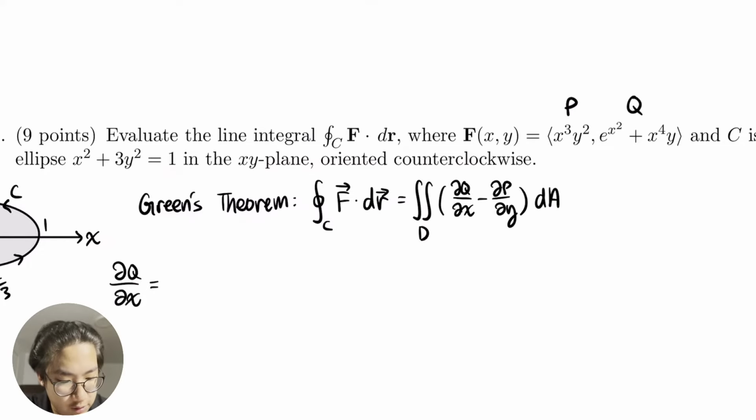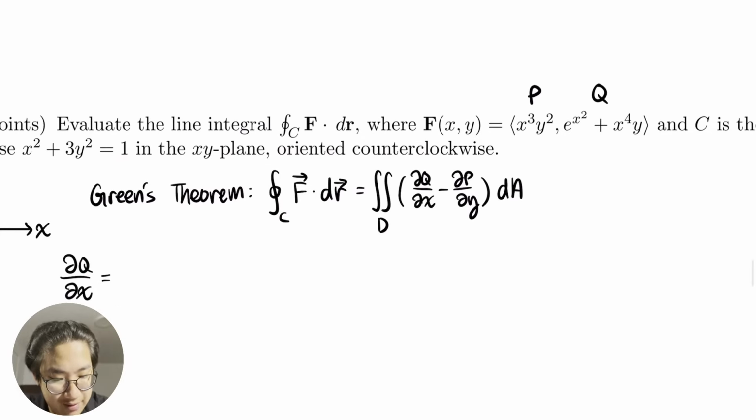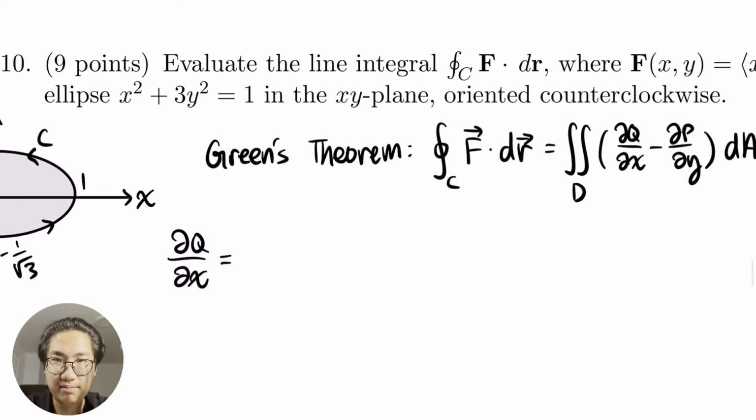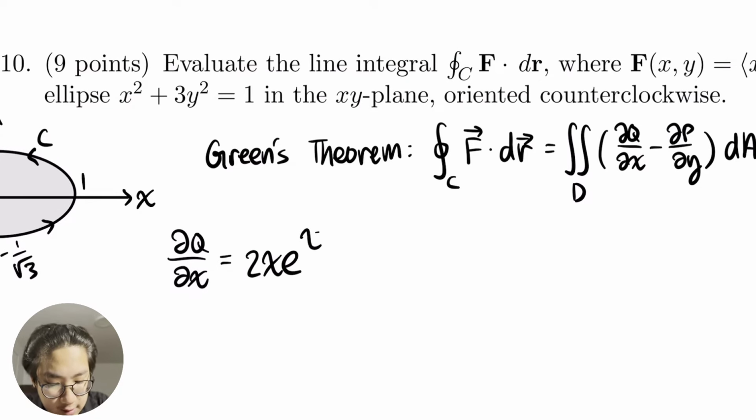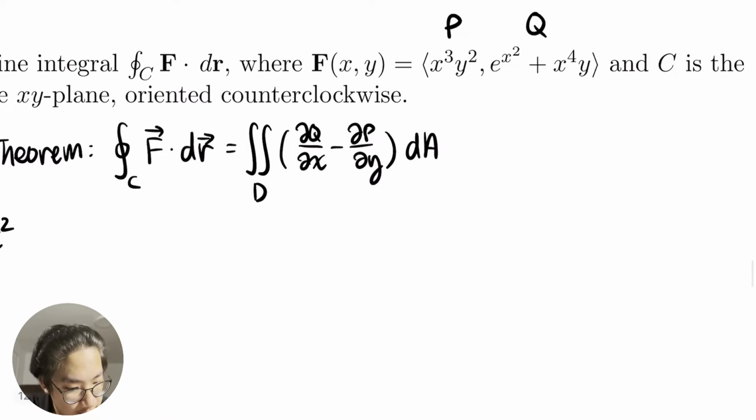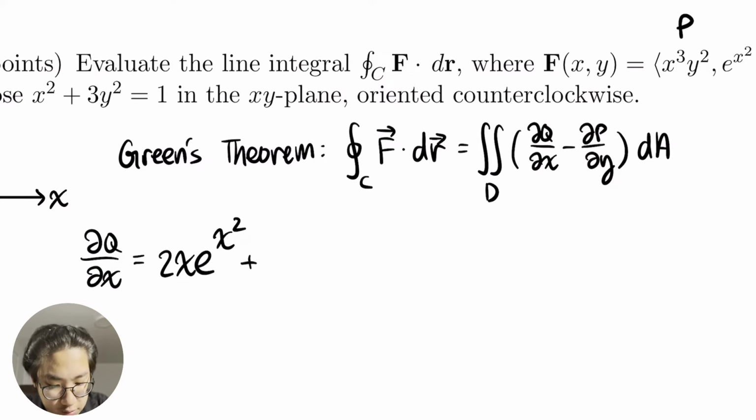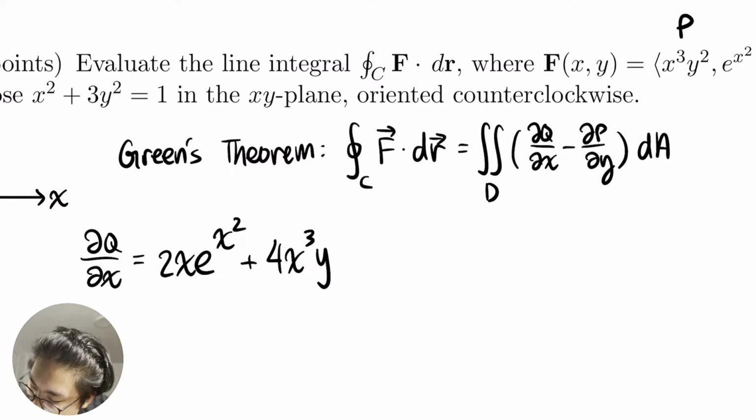So partial Q partial x: x is a variable, so you have e to the x squared, so it's just itself times the derivative of the inside. So you get 2x e to the x squared plus 4x cubed y, I believe. Yep.